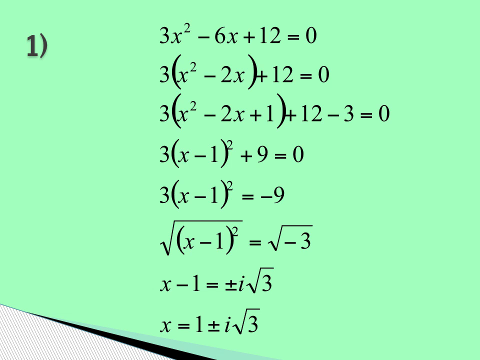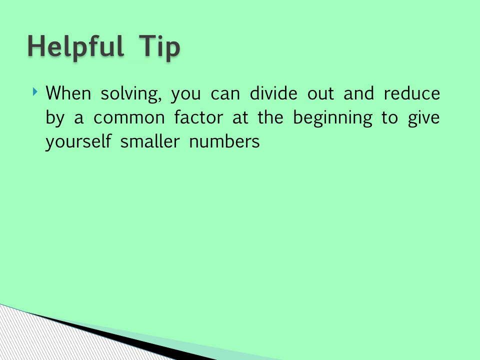Now there is one tip that I wanted to give you. So if you look up there, that 3x squared minus 6x plus 12, you might notice that there's a common factor with all 3 of them. And here, because it equals 0, there's actually something we could have done. So when solving, you can actually divide out and reduce by a common factor at the beginning to give yourself smaller numbers. So for that one there, you had 3x squared minus 6x plus 12 equals 0.